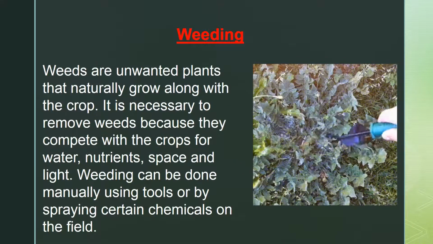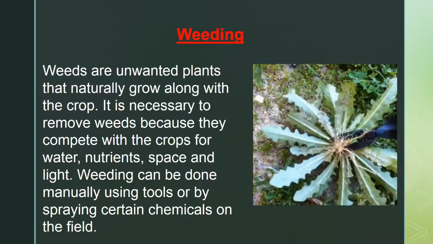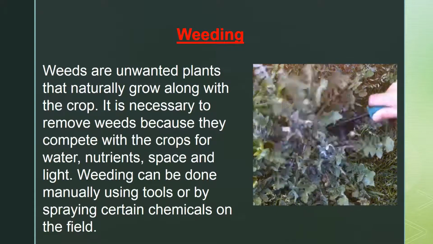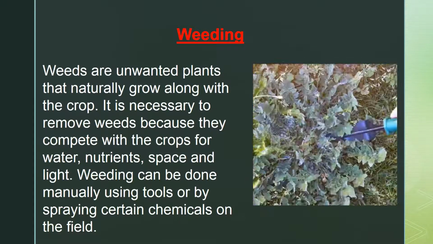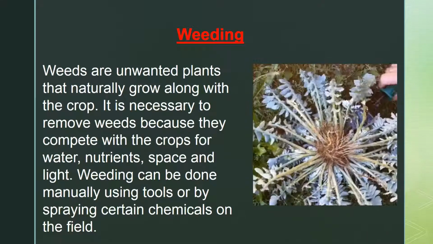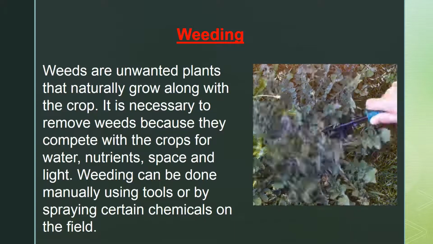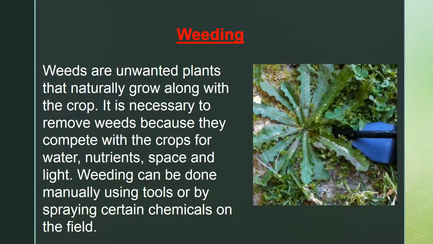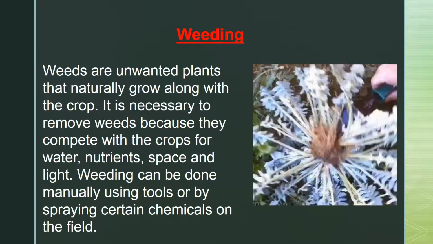Then the next process is weeding. Dear students, if you have visited any kind of field, you might have seen there are various kinds of unwanted plants in our field grown with our crops, and those unwanted plants actually compete for water, nutrients, space and light with our crops.